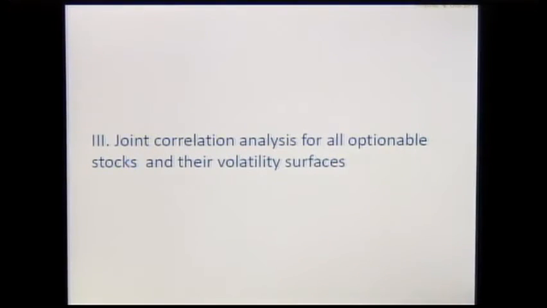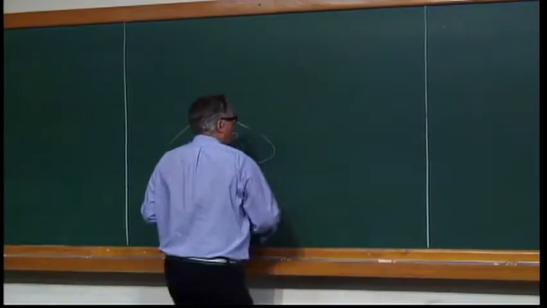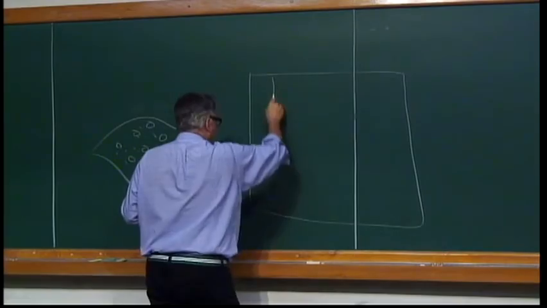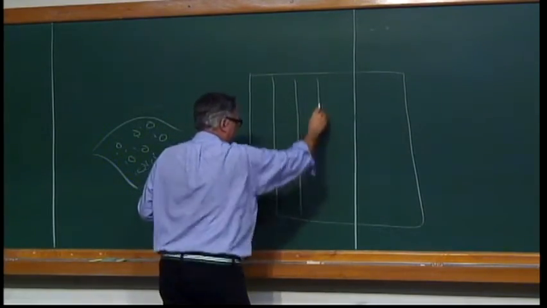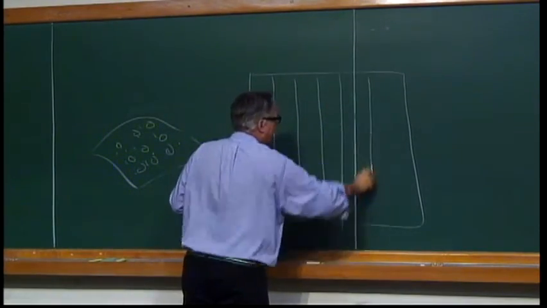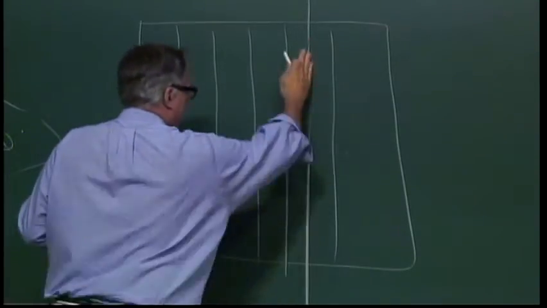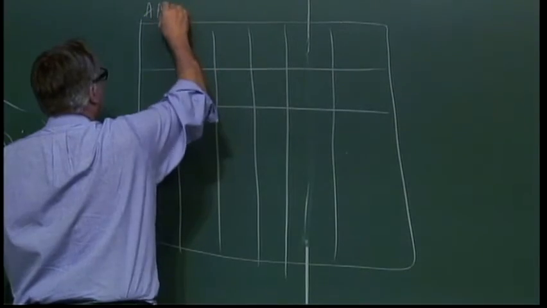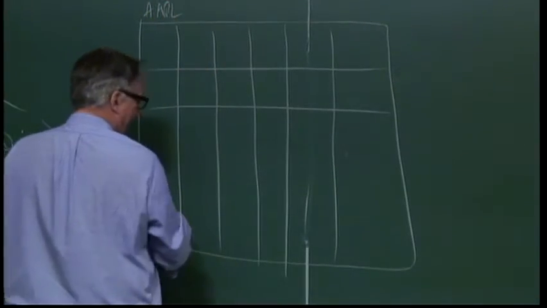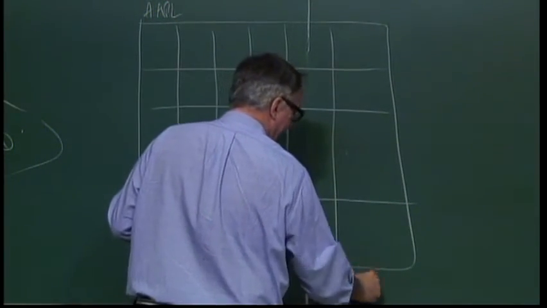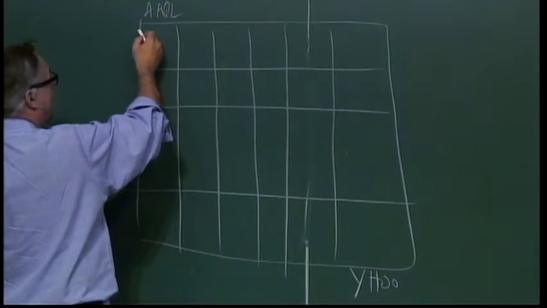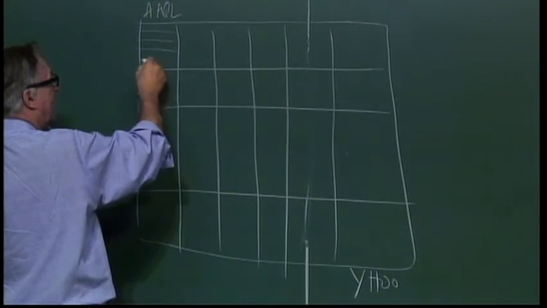So what is it that we have? We start here with a big matrix. And let's talk about the correlation matrix, because it's Monte Carlo, you need a correlation matrix. So this is Apple, and this is, I don't know, Yahoo. So Apple really is a 10 by 10 matrix. Why 10 by 10?